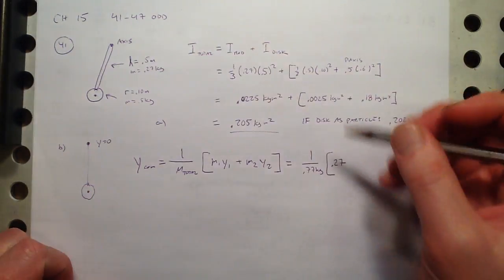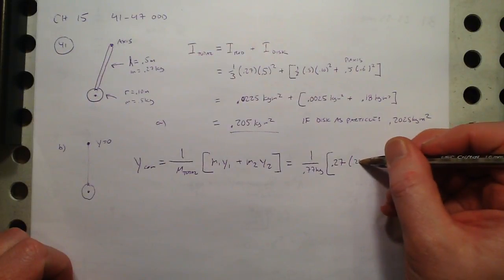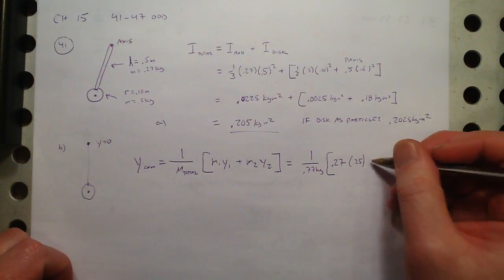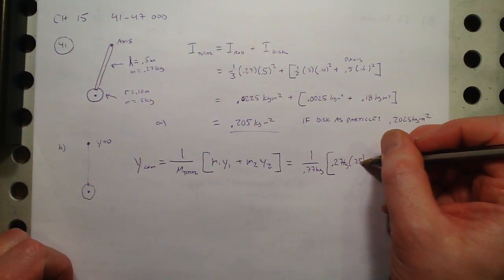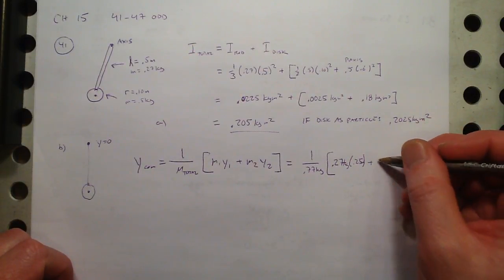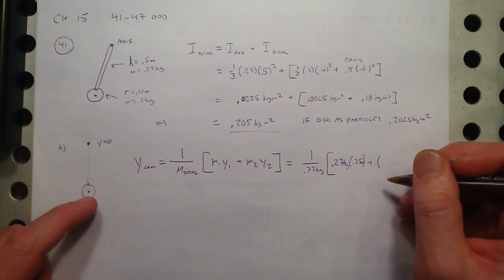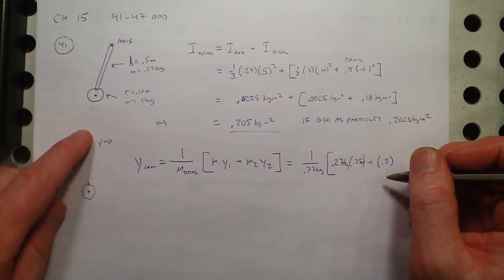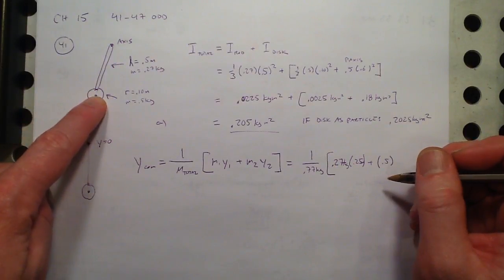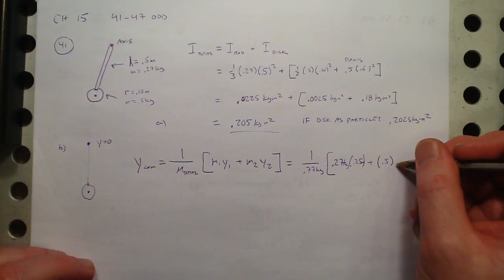Since the rod's 0.5 meters long, that's 0.25 meters. Right? So that's kilograms, that's meters. And then the disc has a mass of 0.5 kilograms, and the center of mass of the disc is at 0.6.